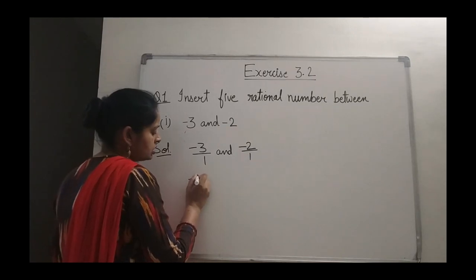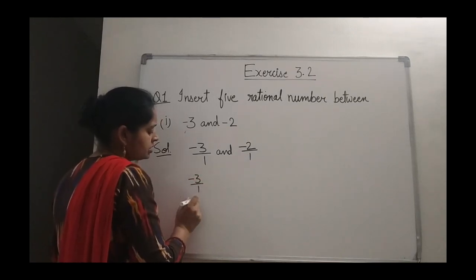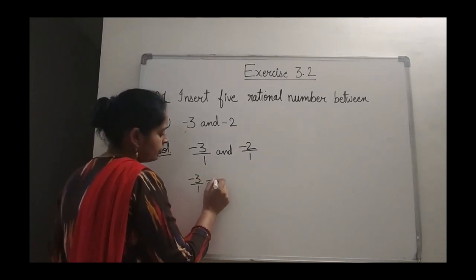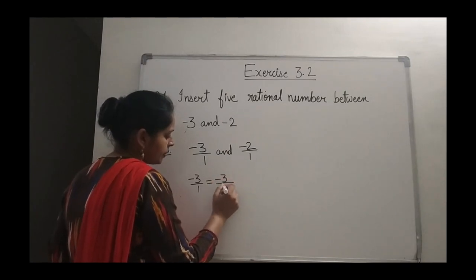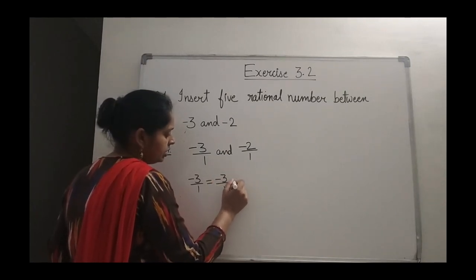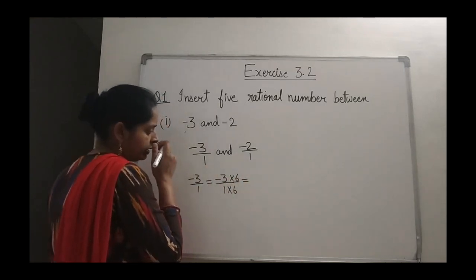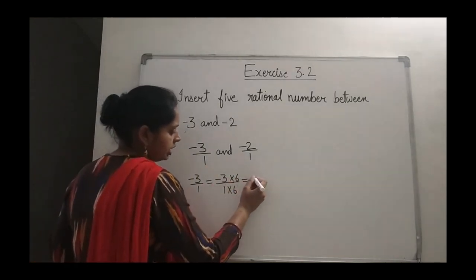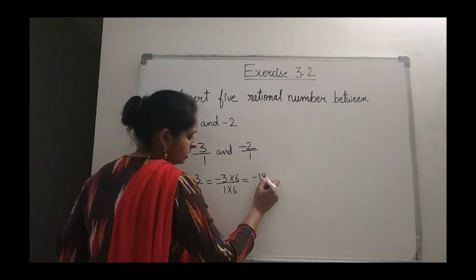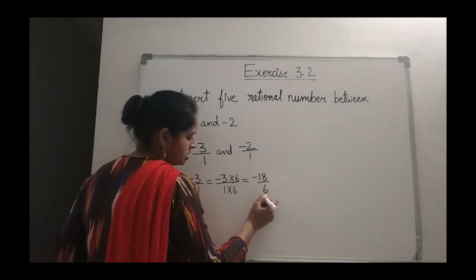So let's see what changes will happen. -3 upon 1 is there and we have to multiply 6 in the denominator and 6 in the numerator. So what equivalent rational number will we get? We will get 6 3s are 18, that is -18 upon 6.